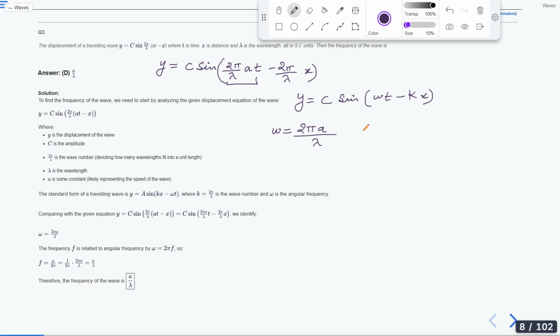And what is the relation between omega and nu? I think I have been asking this question for a long time. What is the relation between omega and nu? Many times I've asked this question in physical mode classes also.